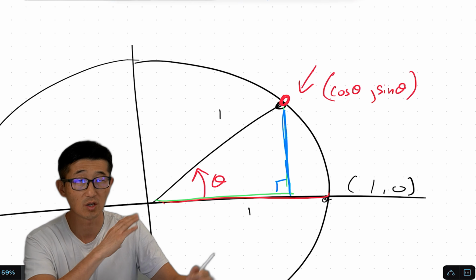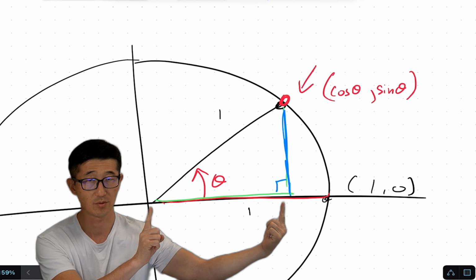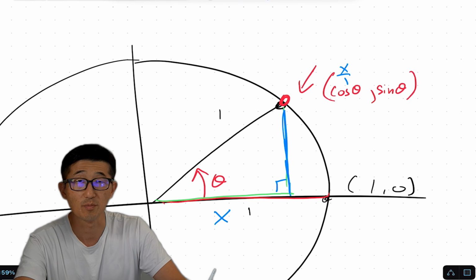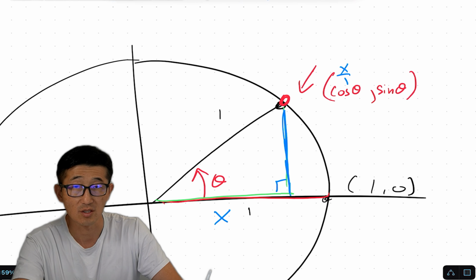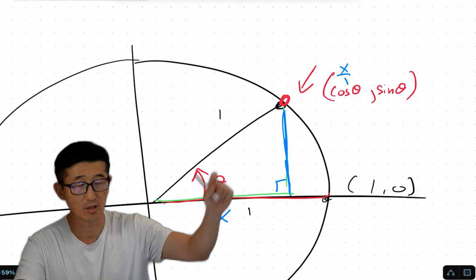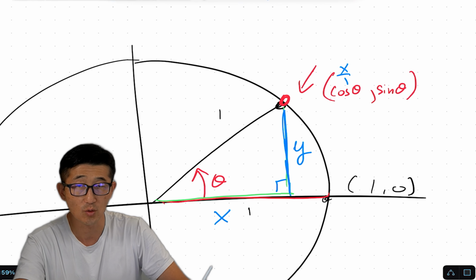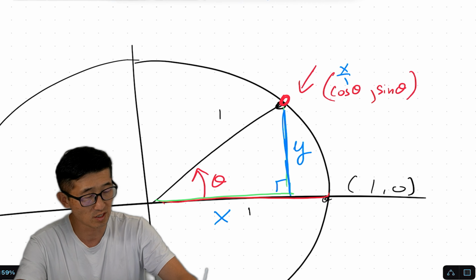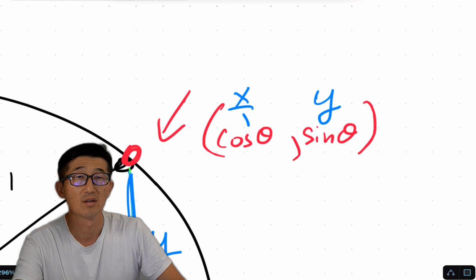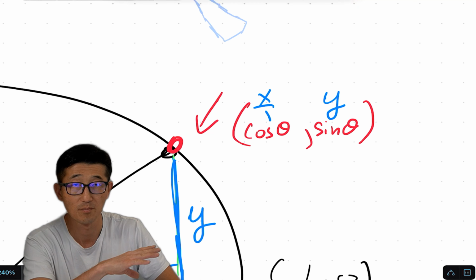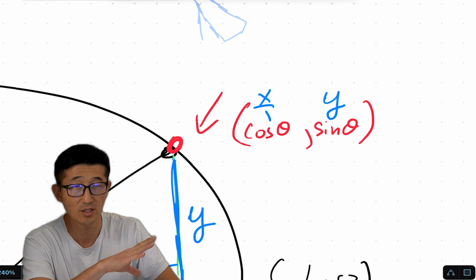Now, adjacent means up to this point right over here. Okay, that's your x coordinate. So that's x over 1, which is basically what? X. And if you take the sine of this theta, it's opposite over hypotenuse. Well, the opposite is a y coordinate, or y distance upward. So it's y over 1, which is essentially what? Y. Okay. So do you see now why cosine theta gives you x, sine theta gives you what? Y. Does that make sense?